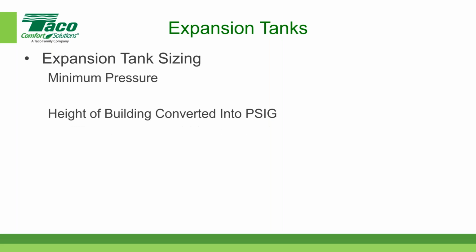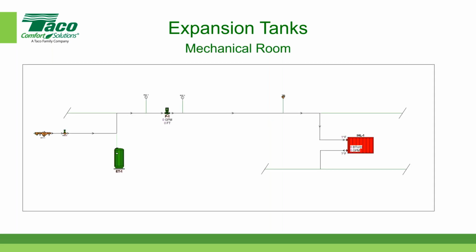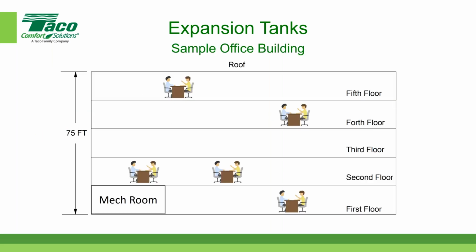So I'm going to go back to my building diagram for a moment because I want to point out, again, the building is 75 feet tall. The assumption is the piping goes from the lowest level to the highest level. Now, I understand that piping is probably not going to sit on the physical floor of the building, but we're sort of taking the worst case in our 75-foot tall building.